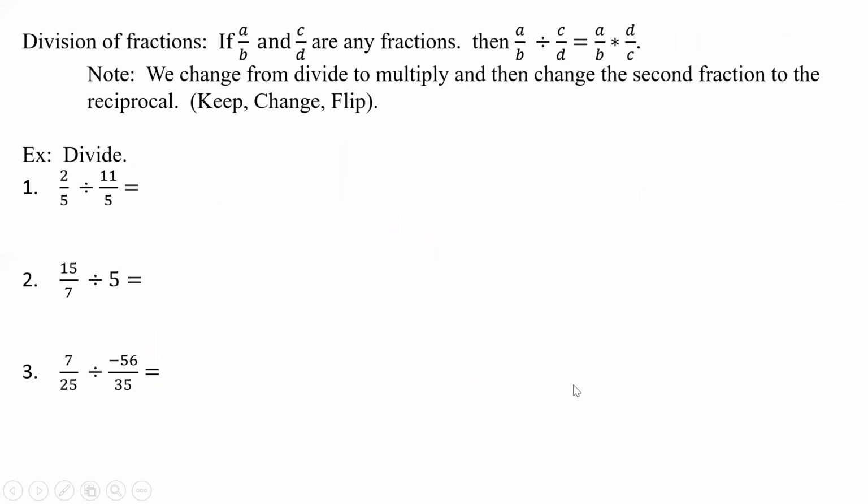All right, so what if we want to divide fractions? Say we have a over b and c over d. They're any fractions, doesn't matter what they are. Then if we take a over b divided by c over d, what do we do to actually do that? Well, we keep the first fraction the same, change it from divide to multiply, and then we take the reciprocal of the second fraction.